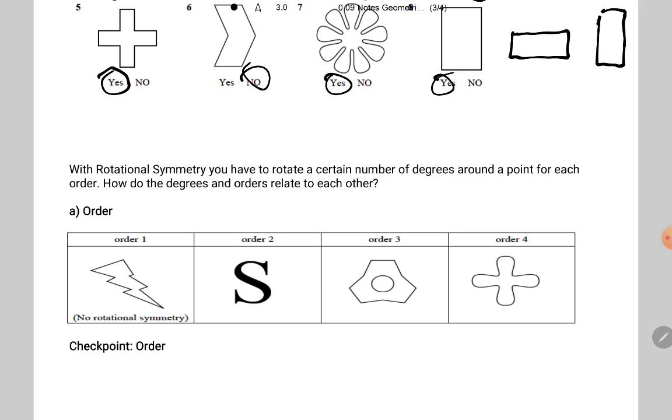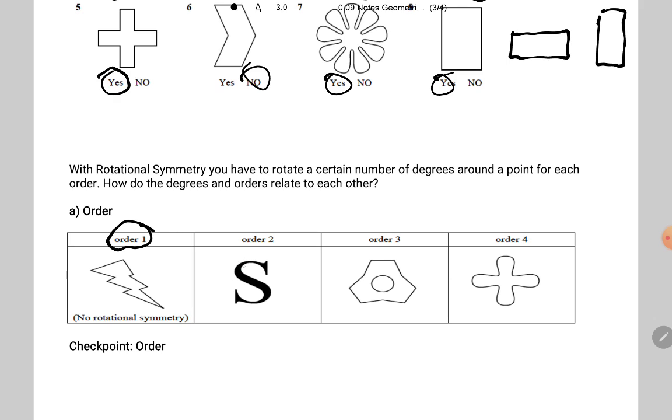Or, when you rotate it, how many times do you see the original picture or the original position? So if I try to flip this lightning bolt around, it has no rotational symmetry, so it's order 1. The only way to get this original picture is by going in a full circle.